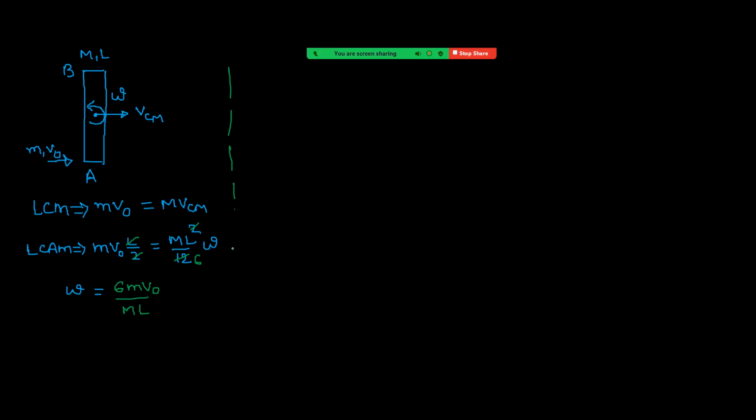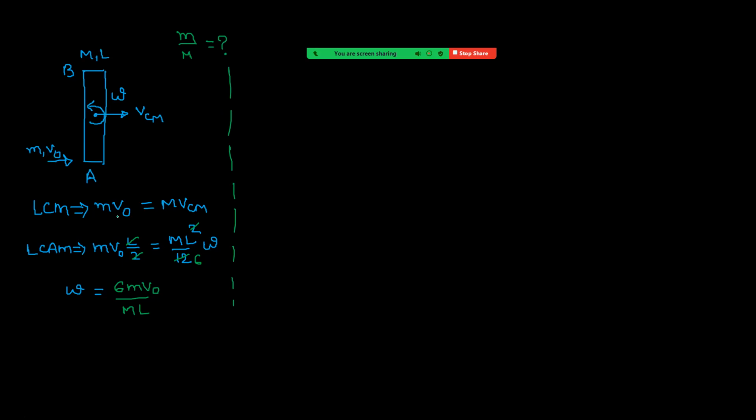We want to find out the ratio of their masses. First thing, small m upon capital M, how much? See, the condition given is that it is an elastic collision. Okay. So elastic collision means kinetic energy for the system before collision and after collision must be the same.